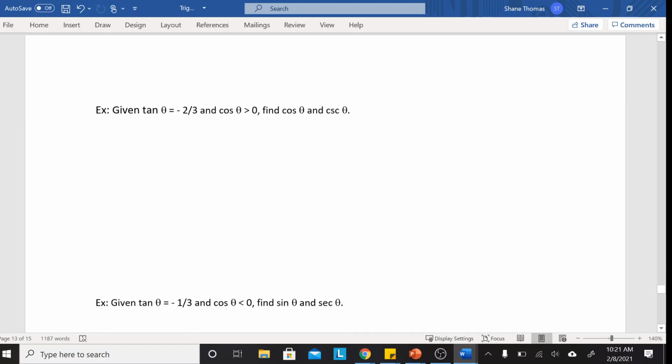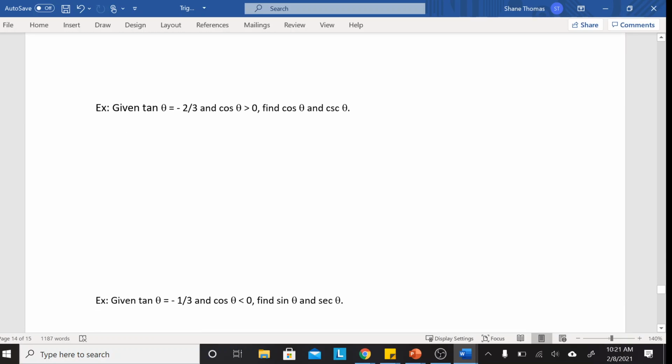So this one here: given tangent of theta is negative 2/3, cosine of theta is greater than 0, find the cosine and the cosecant. All right, I need to find which quadrant tangent is negative and also cosine is positive.